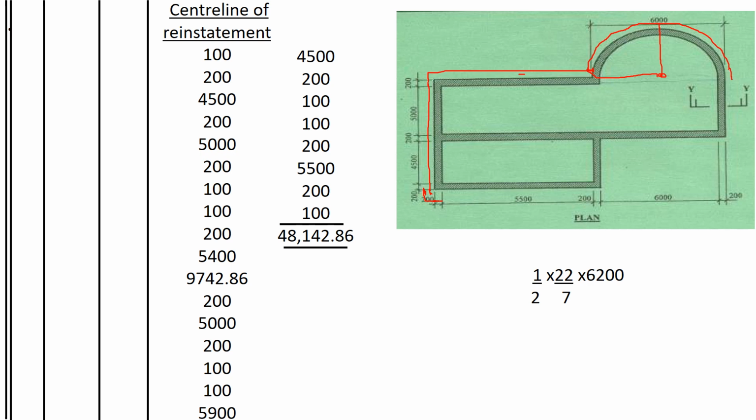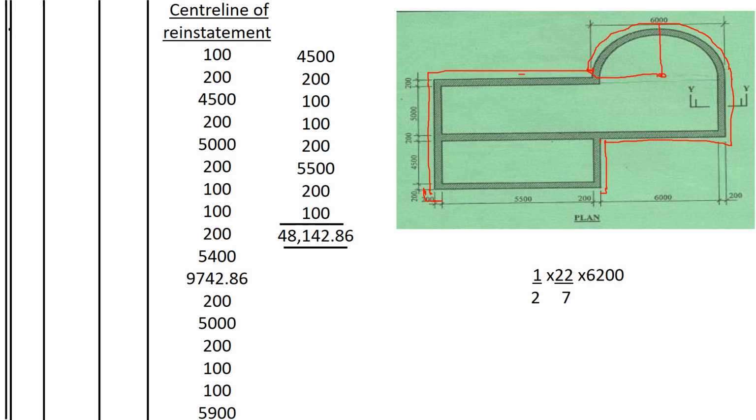Then we add this length coming down here. Then we shall add 100. We take this length, but we shall deduct 100 from here to here, so that we can get the center line of the reinstatement. Then we add this length up to here.